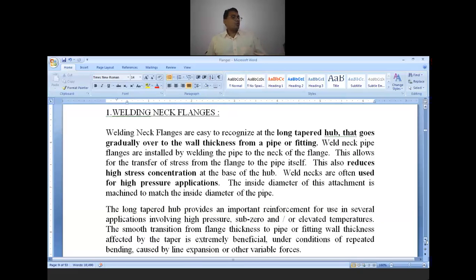In general, we will talk about the material, then the temperature and pressure for which this type of flange will be suitable. Then what the dimensions may be and what the different applications are. Now this welded neck flange has a long tapered hub that is provided.